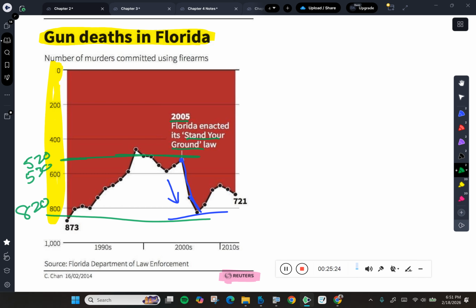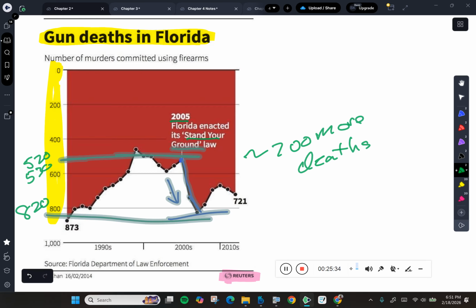So there was a significant increase, about 200 more deaths occurred. But is that what you saw when you first looked at it?